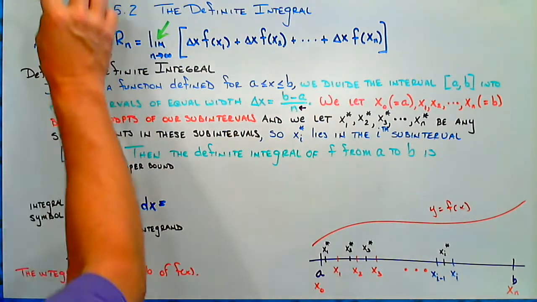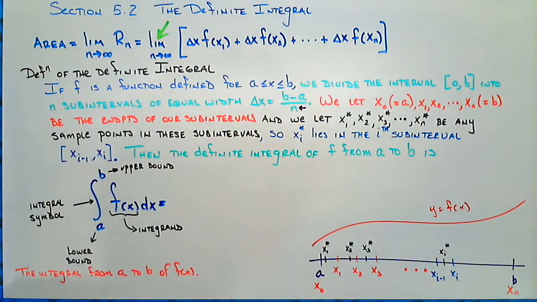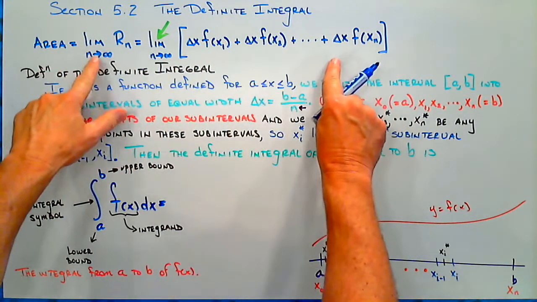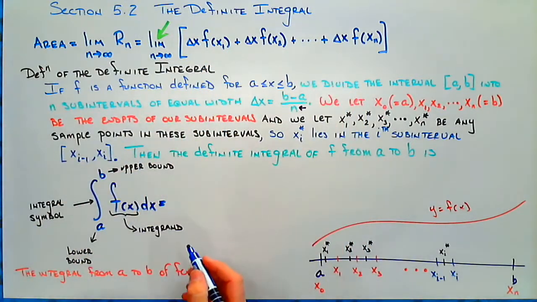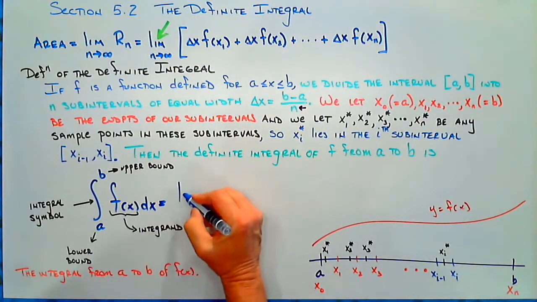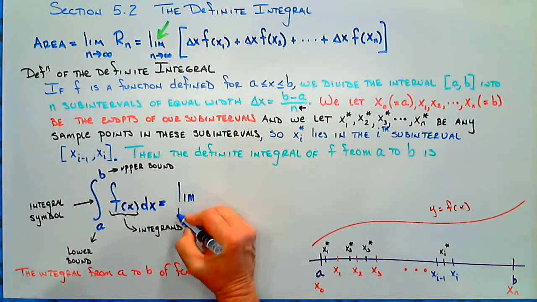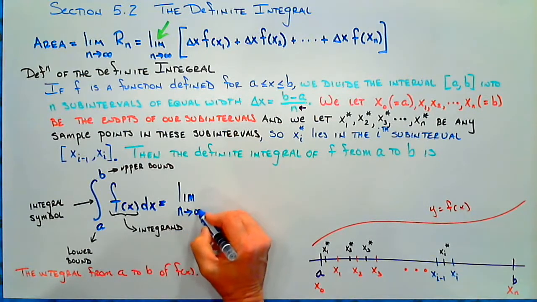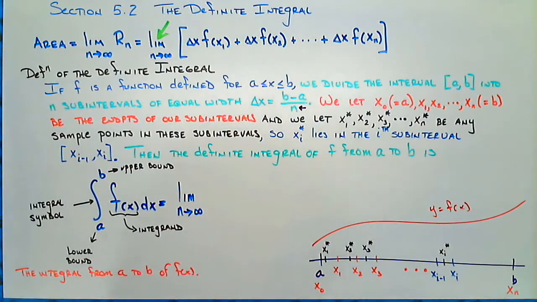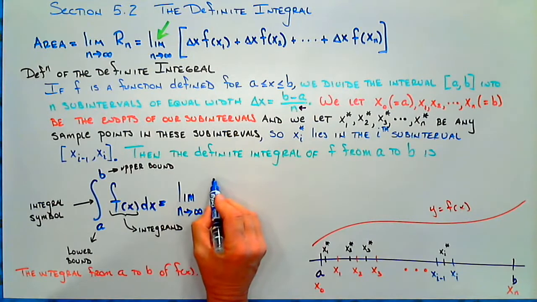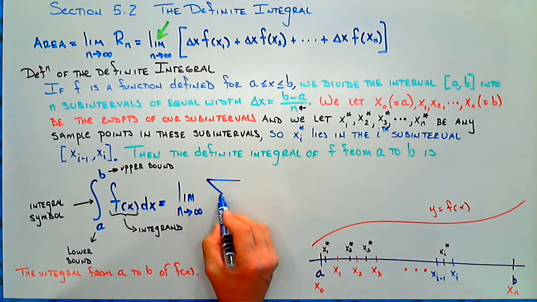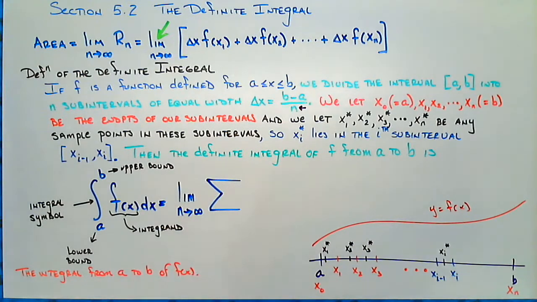Now what is that integral going to be? Well, it's going to turn out to be exactly what you and I thought it was going to be way back here, because we've already written it up here. It's going to be the limit as n goes to infinity. Okay? And then we're going to add, so we're going to use a summation sign to represent that.